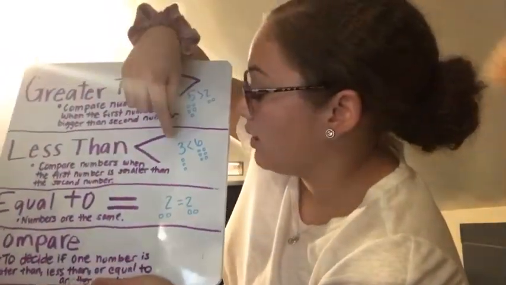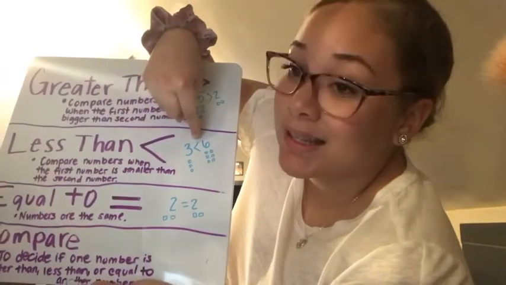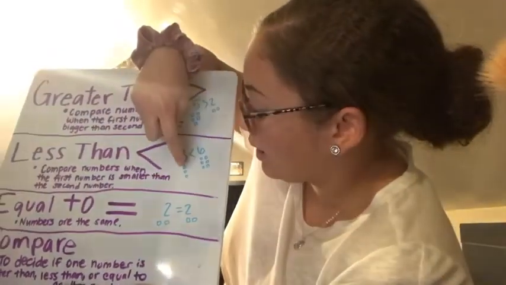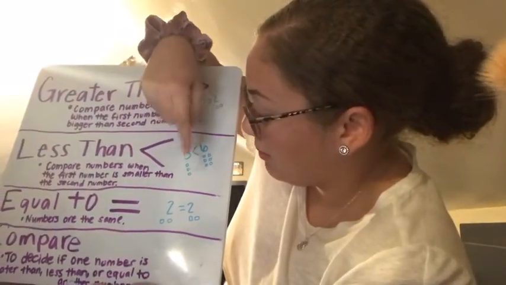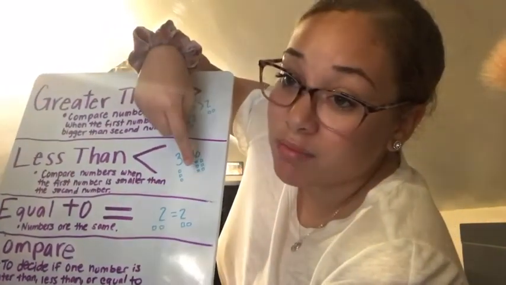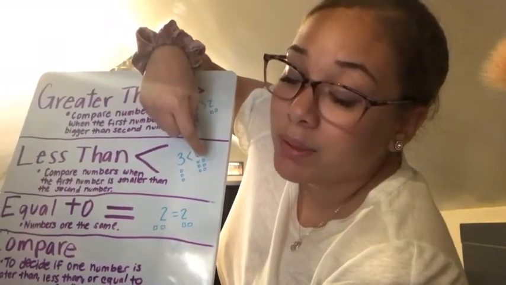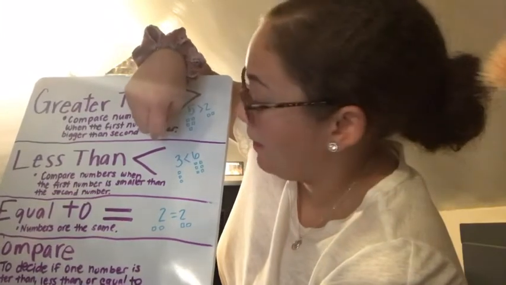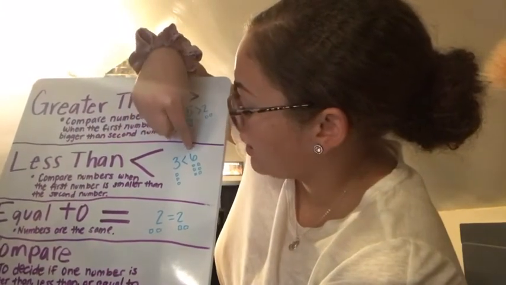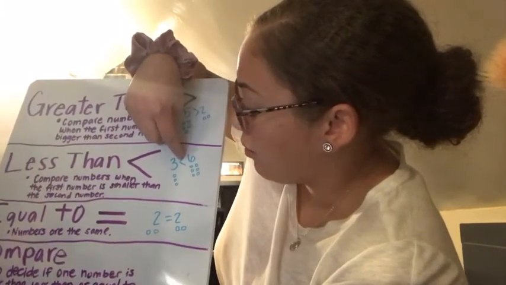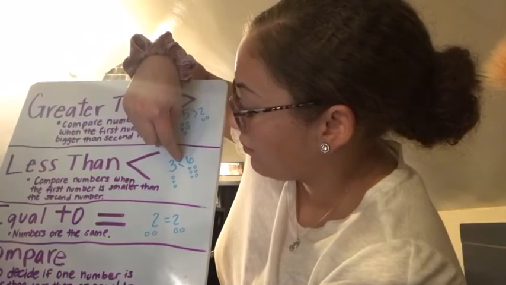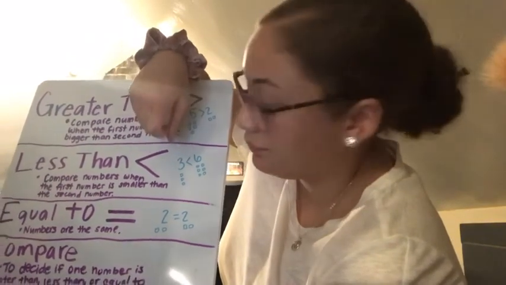And then for less than, 3 is less than 6 because 6 has more unit or base 10 blocks than 3. So 3 is less than 6, and the less than symbol is pointing to the 3.